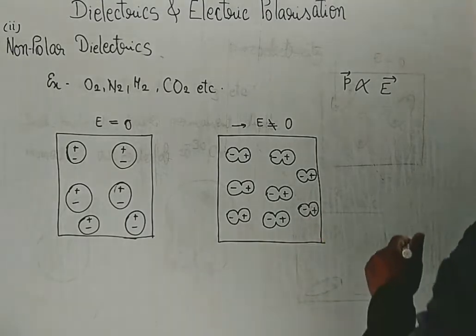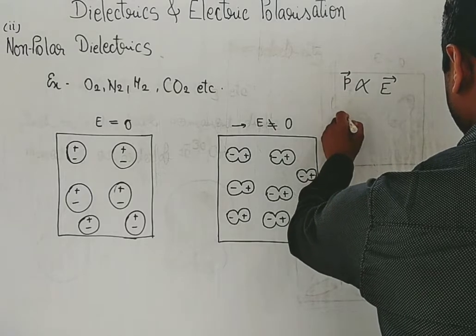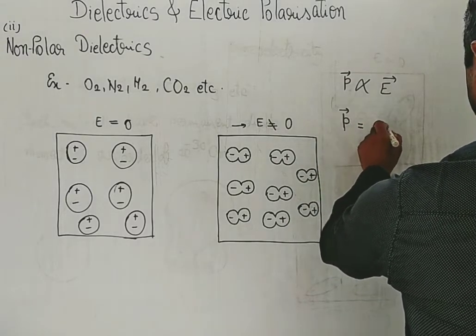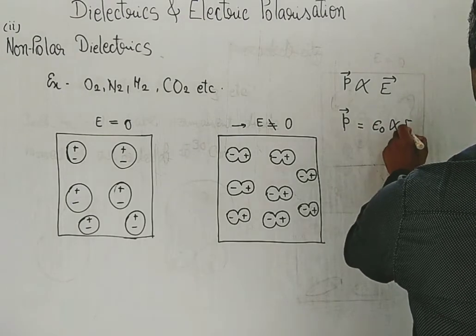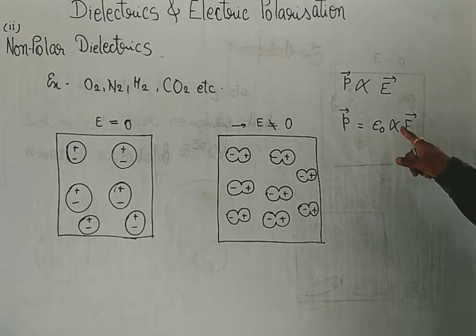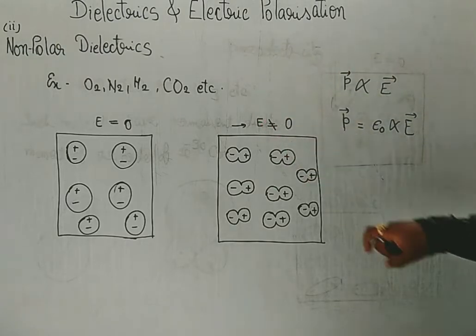slab. So here we can further write that vector P is equal to epsilon naught alpha times vector E, where this alpha is called the constant of proportionality, and this is called the polarizability of non-polar dielectrics.